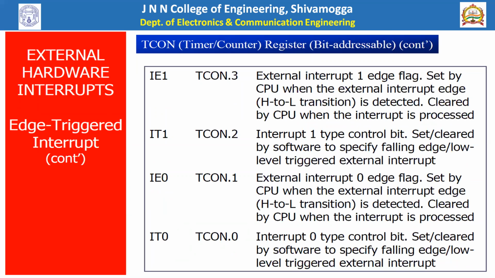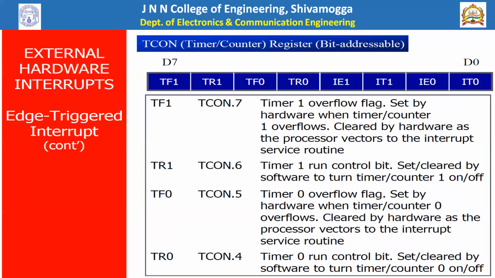TCON.2 is the interrupt 1 type control bit. TCON.1 is the external interrupt 0 edge flag. TCON.0 is the interrupt 0 type control bit. These are the various fields of the TCON register where you can enable edge triggered interrupts. That is very important. Till here we have seen only level triggered interrupts, which respect only the level, not the edge. An edge is always a 0 to 1 transition or a 1 to 0 transition.